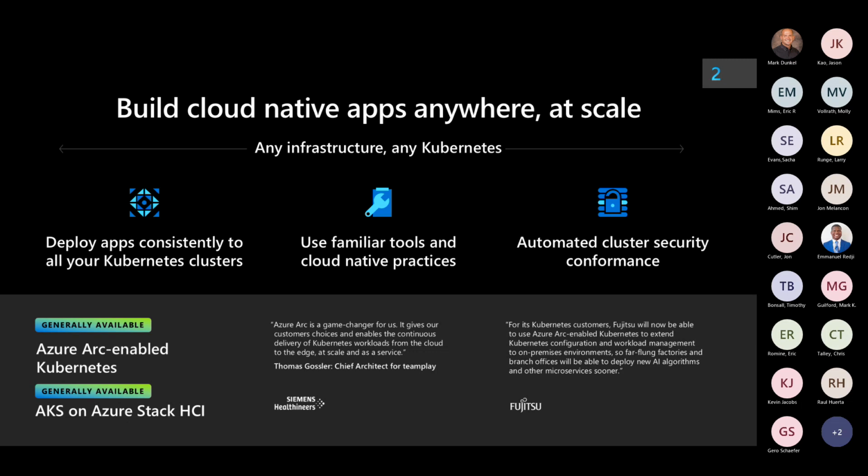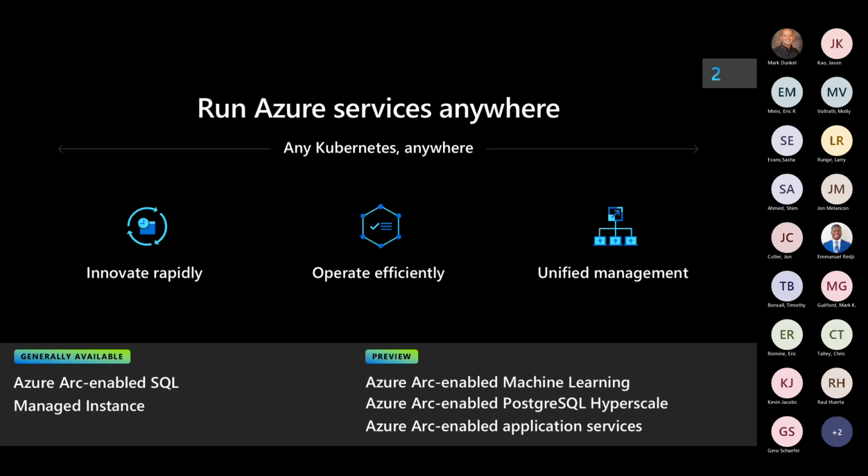If you're running AKS on Azure Stack and HCI, that's something available to you if you feel more in that scenario where you need that workload closer, that's fine. But you can do automated security and conformance against that. So that gives you the ability to do that configuration and make sure that you're compliant.